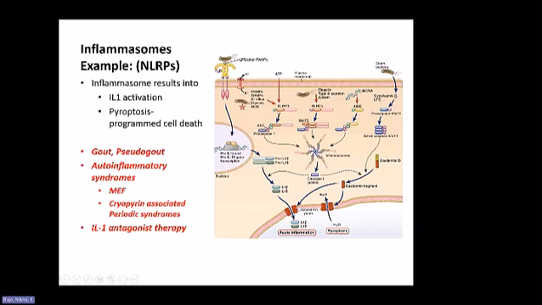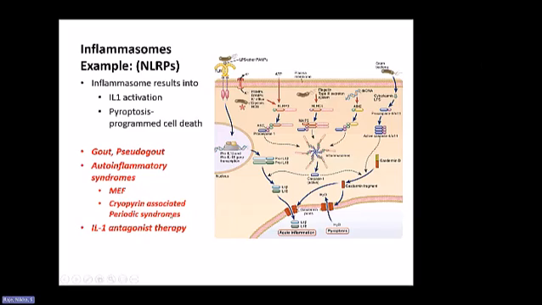Apart from this IL-1, there are various other pathways that can get activated, or various molecules that can lead to activation of some of these NOD-like receptors, leading to autoinflammatory syndromes. For example, NLRP3 defects can lead to something called cryopyrin-associated periodic fevers or CAPS.